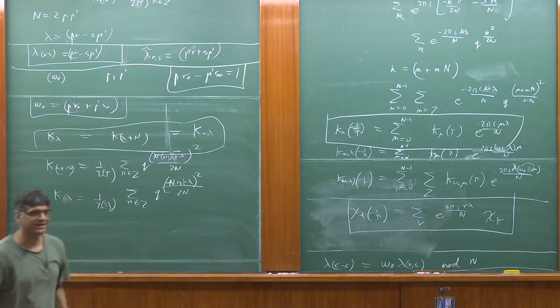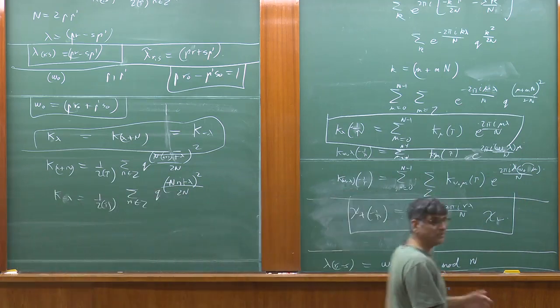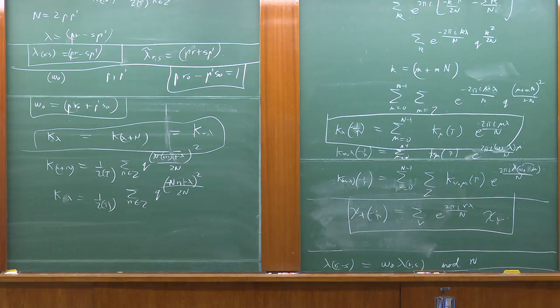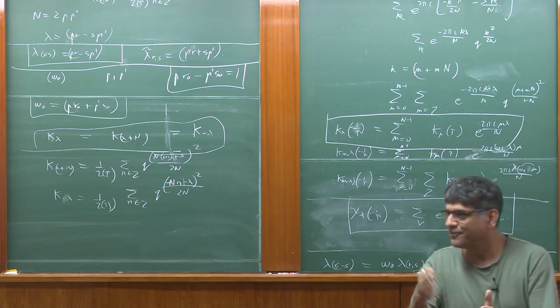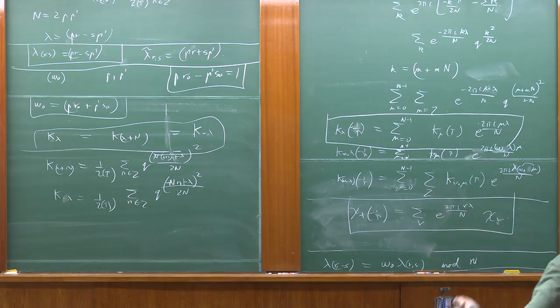Almost, not quite. Because you see, this nu was summed from 0 to n minus 1, whereas you remember that the independent range of characters was about 1/4 of that. You remember that there are 4 identities. So of these chi's, not all are independent. We will have 2 of them being equal because they will be related by lambda and minus lambda mod n.